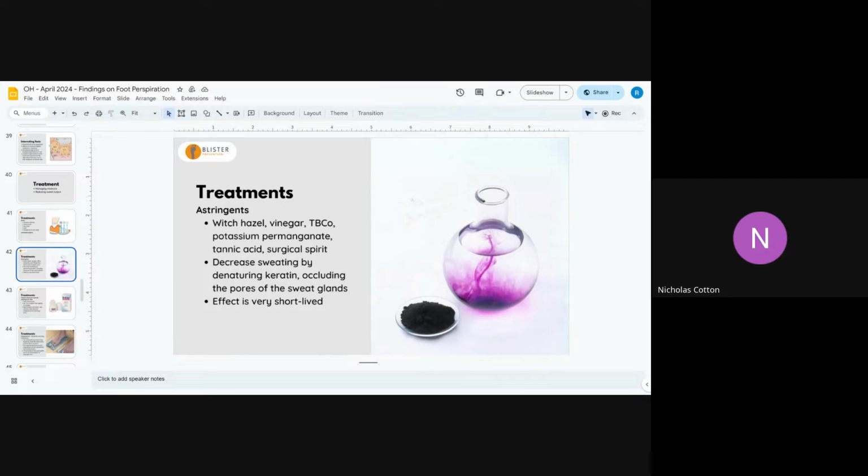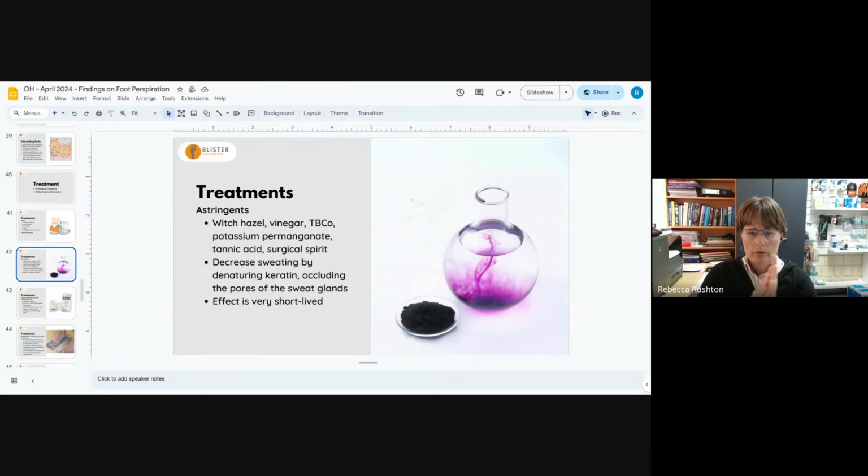And things like the sprays, the Dr. Scholl's. I think it's a little can of spray. Do you think they're any good? No, I wouldn't think so. The research on antiperspirants has found that very strong antiperspirants can work as a blister prevention, but they have a side effect of a high proportion of skin irritation.